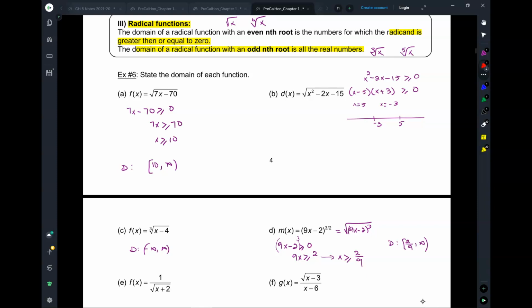If I pick negative 10, the first parenthesis is negative and the second is another negative value. Their product is positive. From the second region, if I pick 0, you get negative, positive, negative. And if I pick a larger number than 5, like 10, positive, positive, positive.